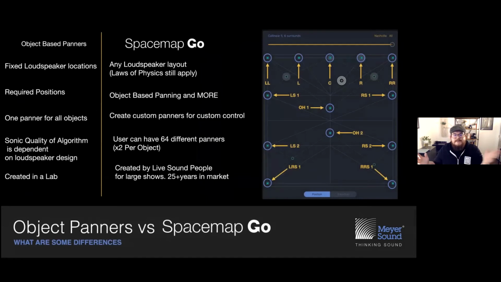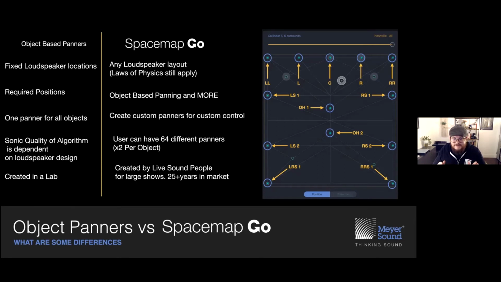Here's some of the difference between normal object-based mixing and Spacemap Go: you can use this with any loudspeaker layout. You can still do the traditional object-based panning, but you can create a custom panner that you need. And then you can have up to 64 different panners at once. So you can have completely different control of your sound system.